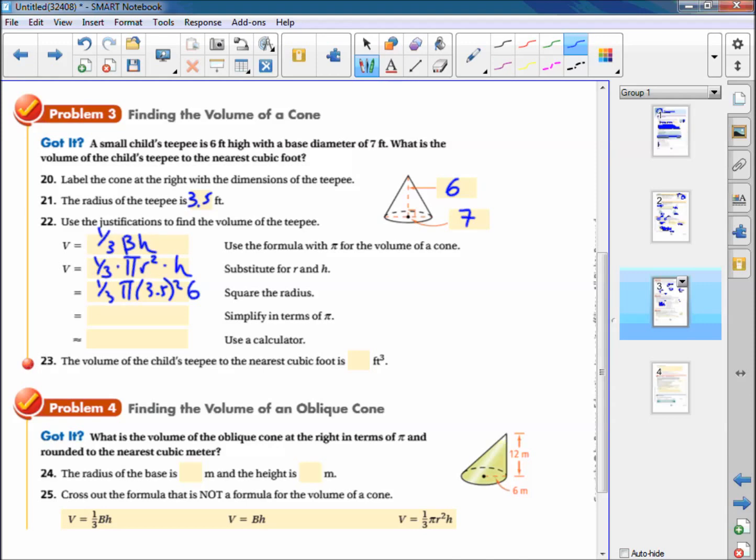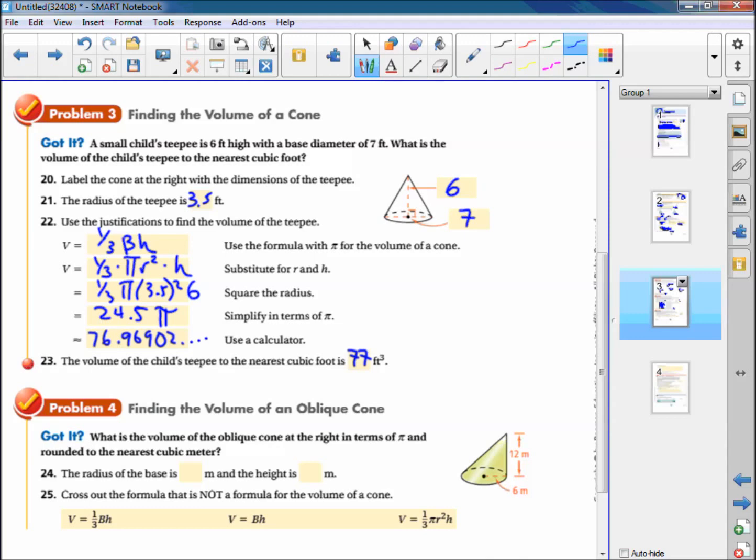So we'll square the radius and simplify, and we're going to end up with 24.5 pi. And then we can use our calculator and estimate here. So this will be about 76.96902, keeps on going. So we round this to 77 cubic feet, okay?